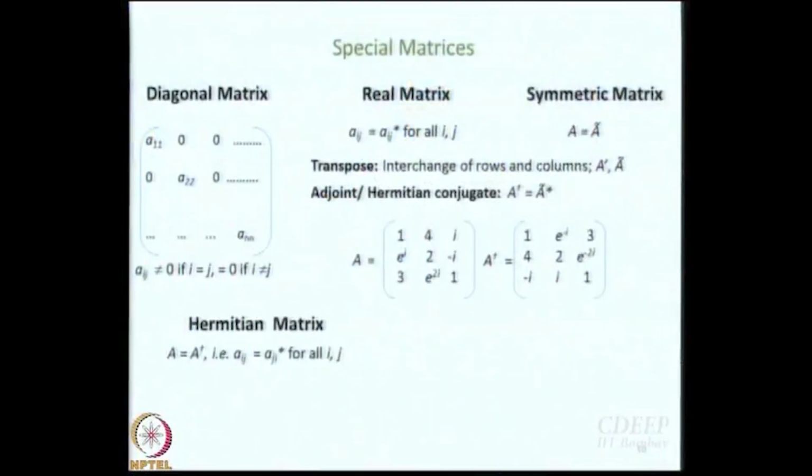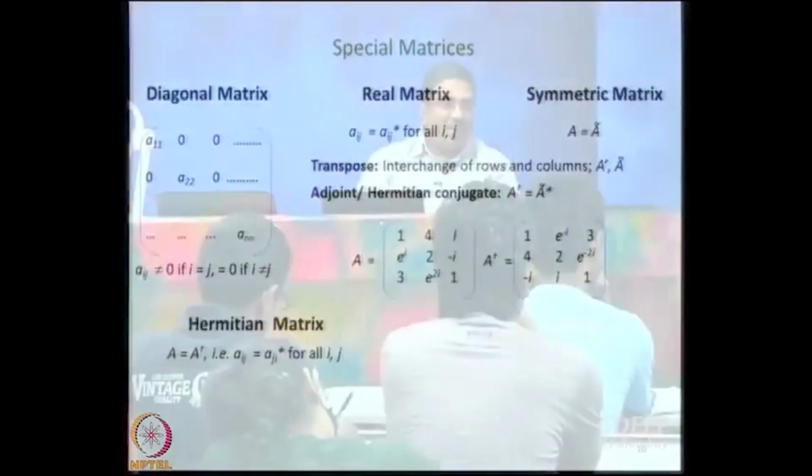Have you heard the term Hermitian anywhere? So, tell me in what context you have heard this term? Hermitian operators. What are Hermitian operators? They give real eigenvalues, right. Everybody knows that, right. Hermitian operators give real eigenvalues. Who has said that?